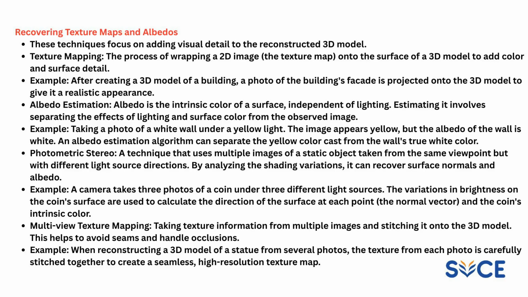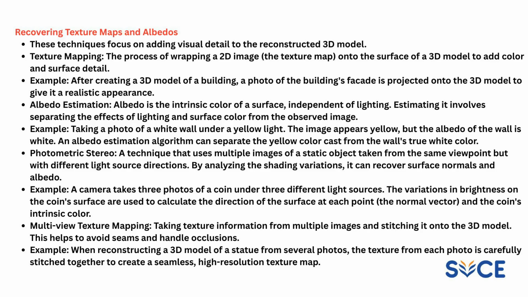In computer graphics and vision, we take a 2D image, a texture map, and wrap it around the surface of a 3D model. For example, let's say we are reconstructing the 3D geometry of a building from a drone scan, from the drone view of that.